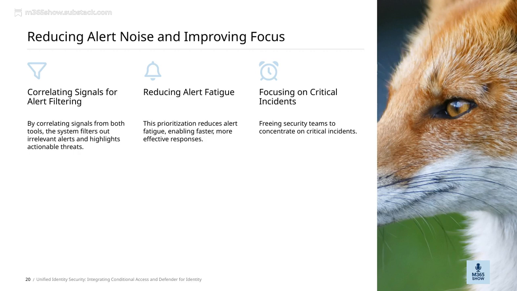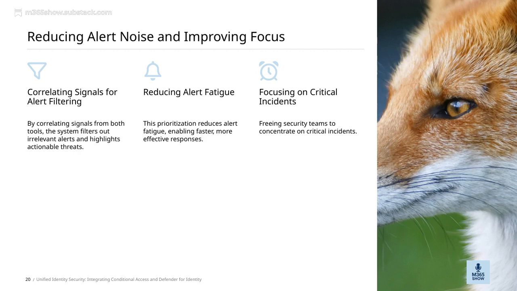This is where the power of correlating signals from both Conditional Access and Defender for Identity comes into play. By doing this, our system filters out the irrelevant or false alarms and highlights only the actionable threats. This process ensures that security professionals spend their time on the most important issues, rather than chasing false leads or dealing with noise. Ultimately, this approach helps us improve our overall security posture.